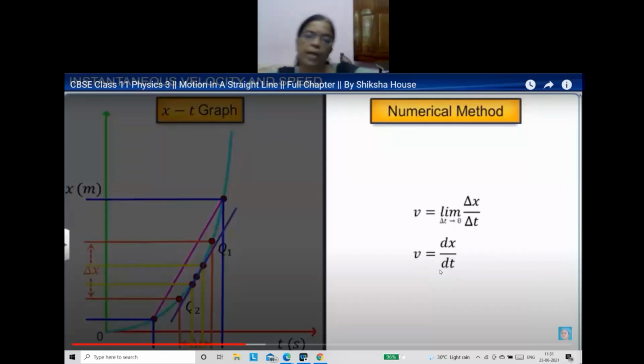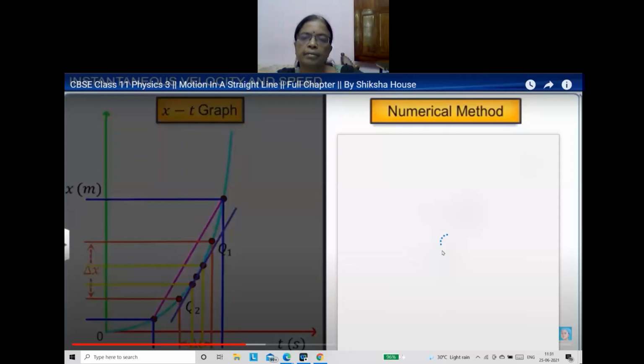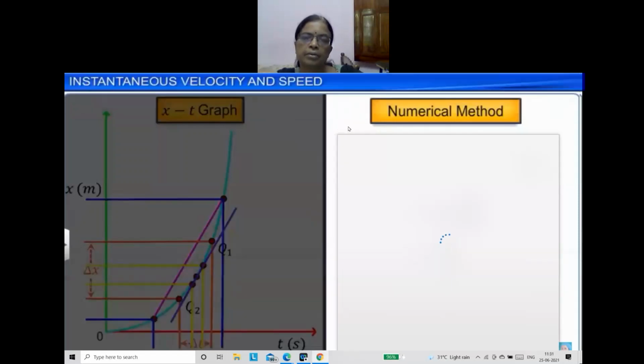When you do problems, it will be easy for you. I will give you a problem later to explain how to find dx by dt. If x is a function which varies with time, how will you find the velocity? You just find the first derivative, d by dt. Some equations are there to study. So that equation we can study, children.